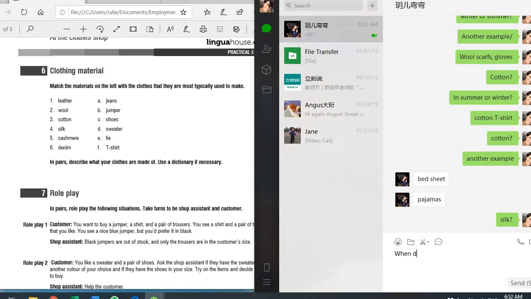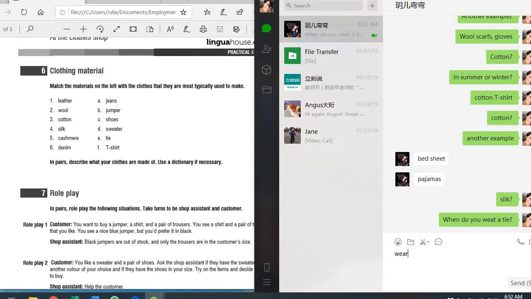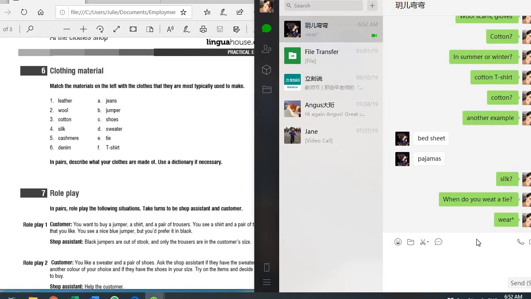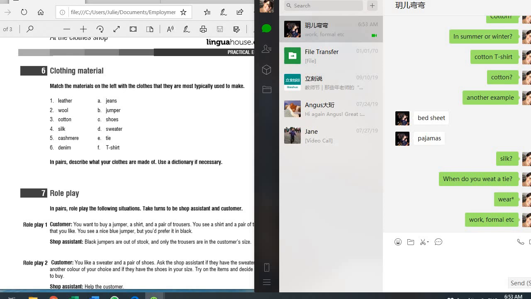When do you wear a tie? Wear the tie. In the official place, someone will wear the tie. Perfect, good. So at work, something formal, right? Good, exactly. Okay, well usually with a suit, right? With a suit you wear a tie, usually.